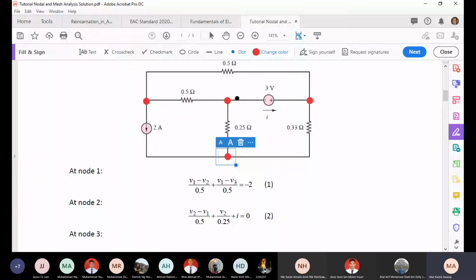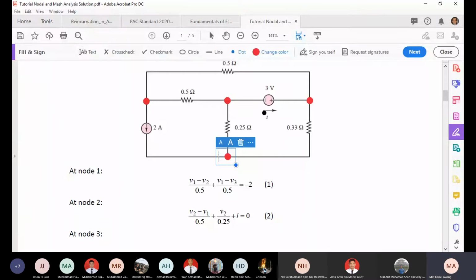For node 2, we consider the current going into the node and the current going out of the node.